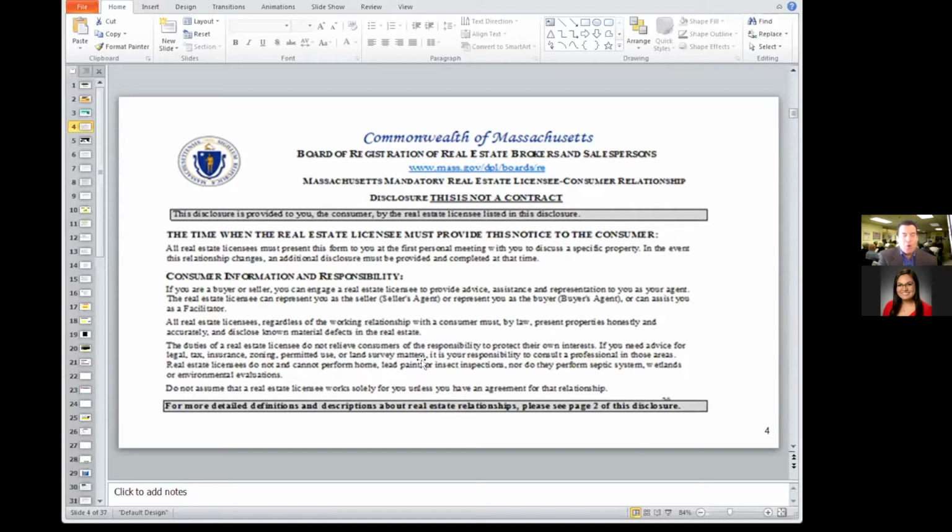Okay. It does not relieve consumers of the responsibility to protect their own interest. This is huge. If you give them this form and they don't read it, or you don't give them time to digest it, or you forget to give it to them, then they will never read or see this paragraph. This paragraph is big. So it is their responsibility to protect their own interest. It says to them, hey, if you need advice for legal matters, tax, insurance, zoning, permitted use, like, can this be a laundromat?